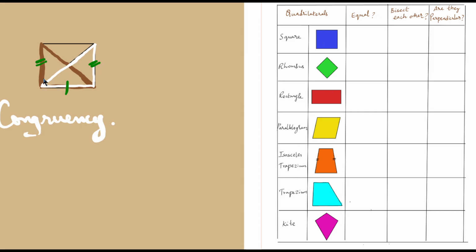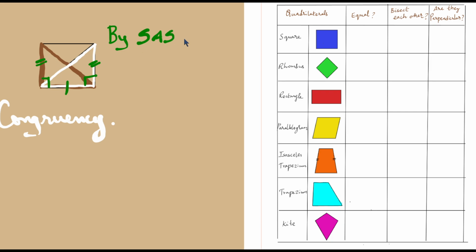So we have an angle here. This angle of the brown triangle is 90 degrees and this angle of the white triangle is also 90 degrees. So by SAS congruency criteria, side angle side, we can say that these two triangles are congruent.